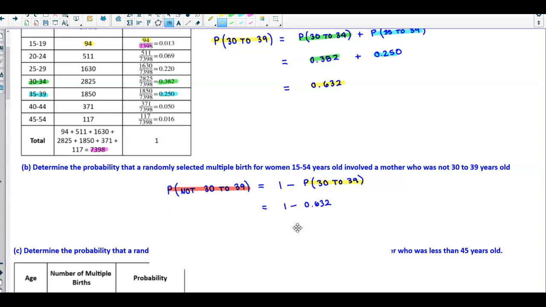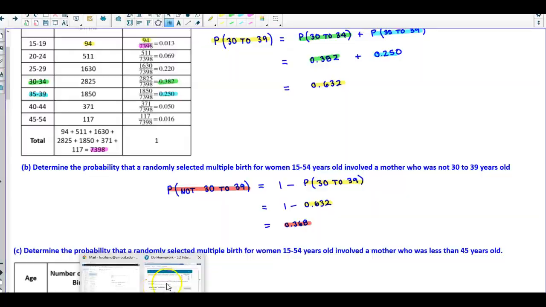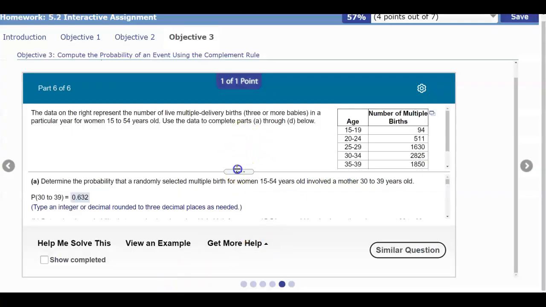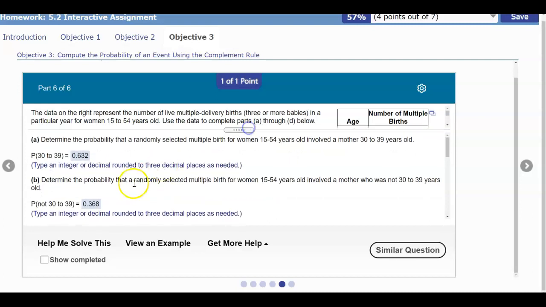So we're taking 1 and subtracting 0.632, and when we subtract that, we get the complement, which is 0.368. Therefore, the complement is 0.368.